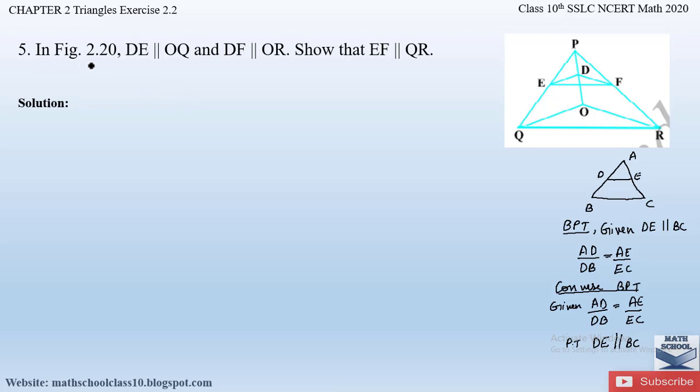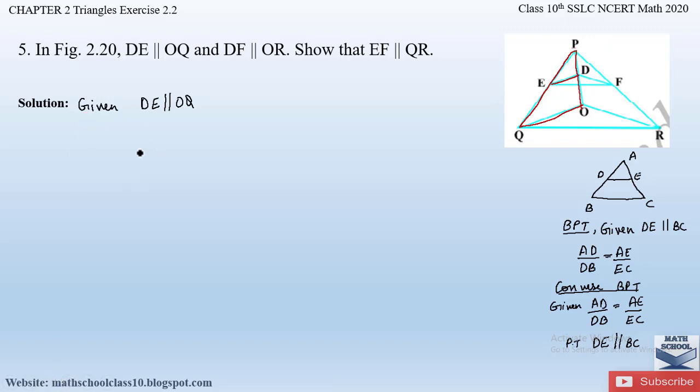So coming back to question number 5. Here they have given us two things, that is DE is parallel to OQ and DF is parallel to OR in this figure PQR. Let us consider the first condition, DE parallel to OQ. Then we have to consider the triangle PQO.